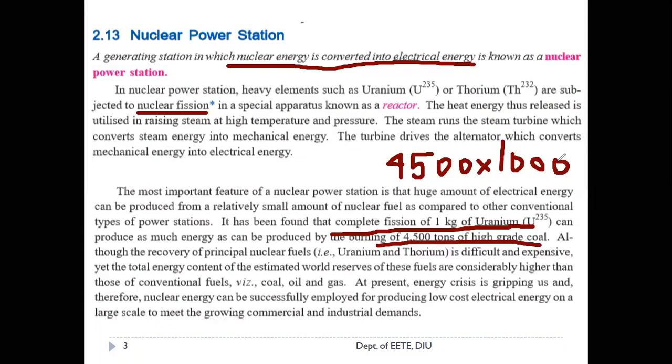So this is also a very dangerous side. Unfortunately, the rest of the world is moving away from this type of establishment and not emphasizing nuclear power stations, but as a developing country like Bangladesh, we have taken that risk.